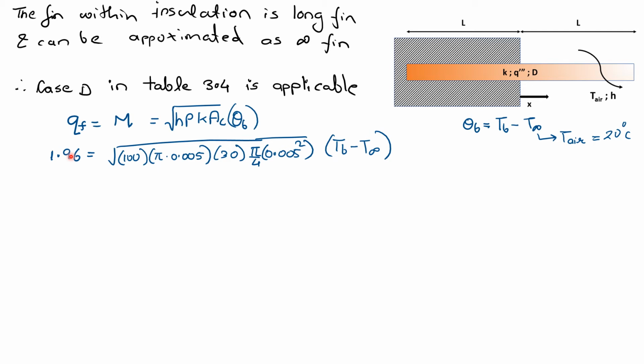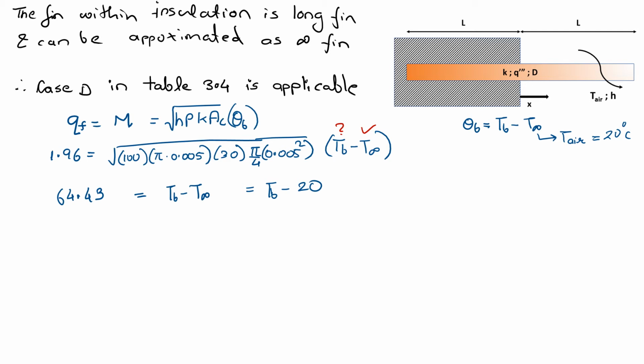So let's see what is the value of base temperature that we get. Our fin rate was 1.96. We plug in the values for h and P and k and A and multiply that by theta B. We don't know the base temperature T B, but we know what T infinity is. It's equal to T air.